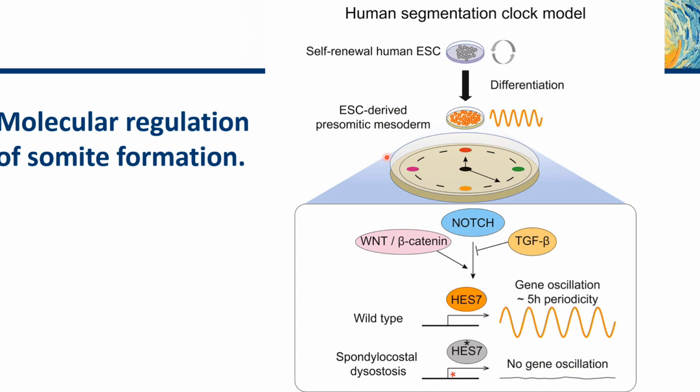So there is the interplay of different genes and different proteins which are secreted and regulated by these genes, and in this way the human segmentation clock model is formed, and in an oscillating manner, the presomitic mesoderm then forms the somites.